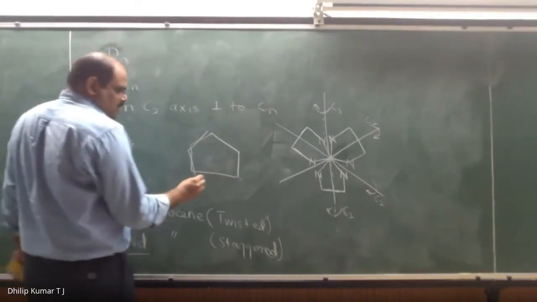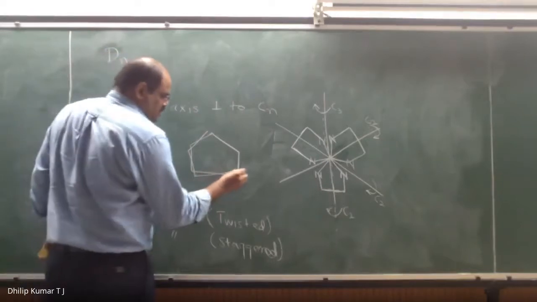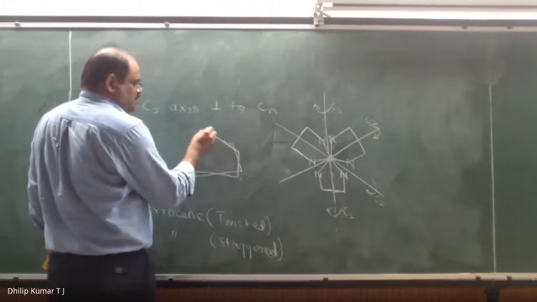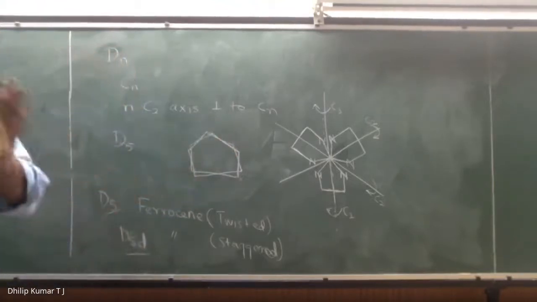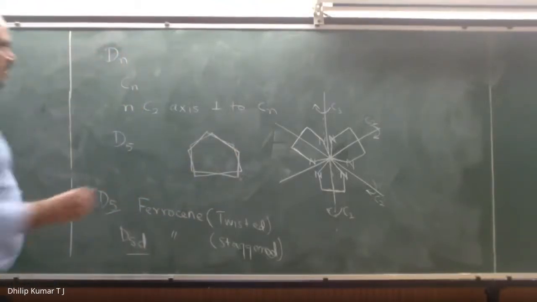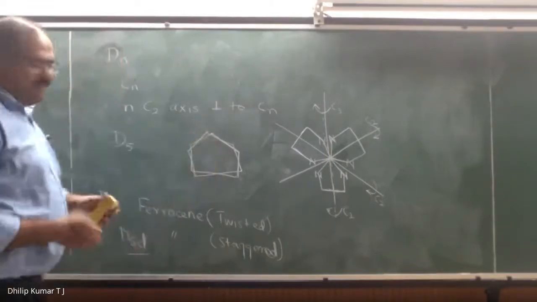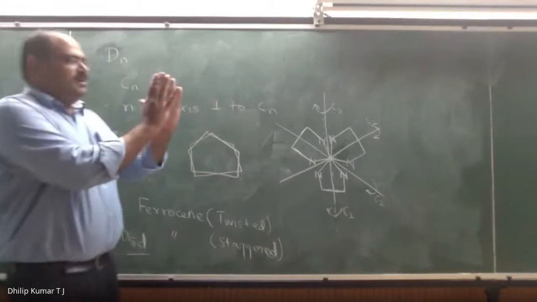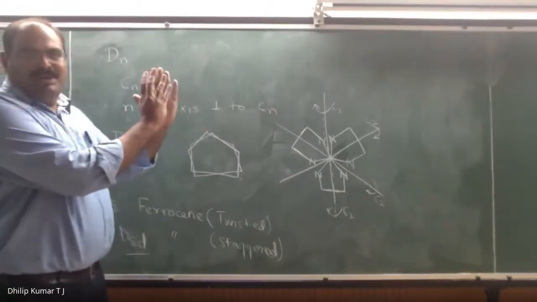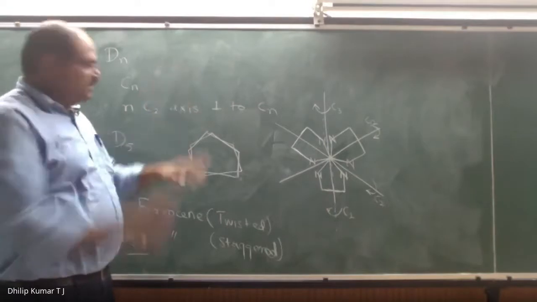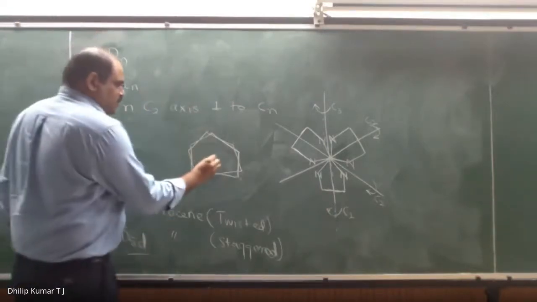It goes here and then comes in. Okay, a slight shift. It's not exactly at the center, the second ring, but slight. If you have two rings, eclipsed ferrocene with a slight shift, that is called twisted.